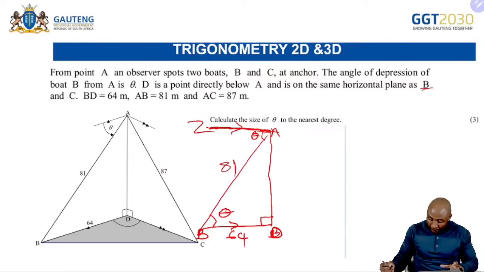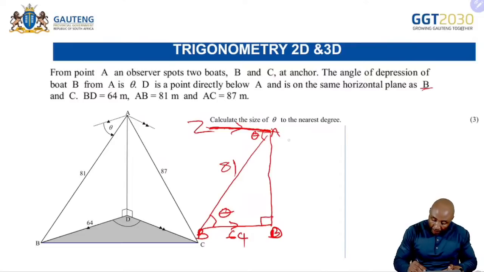So from there, I'm now able to use my trigonometric ratios. So for me to get theta, I have an adjacent side and a hypotenuse. So the easiest trigonometric ratio to use will be cos.